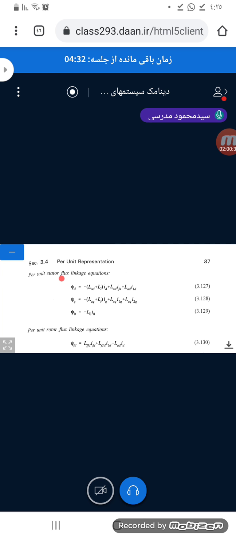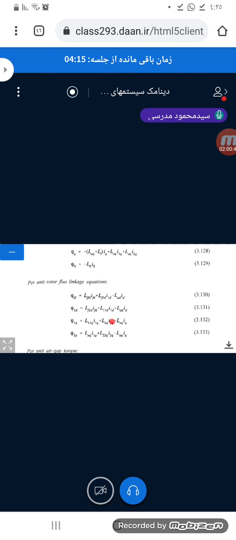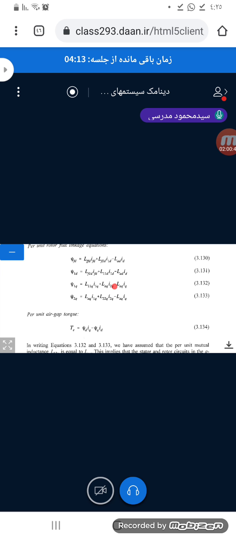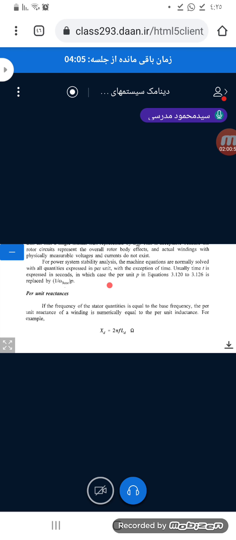And the per unit stator flux linkage equation is obtained by this equation. And the per unit rotor flux linkage equation is obtained by this formula.